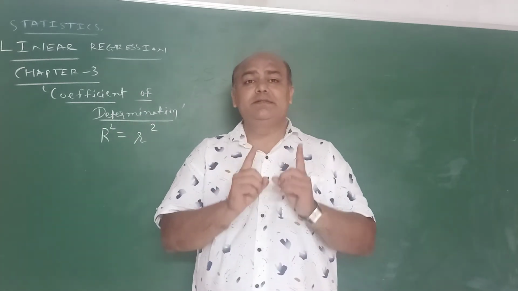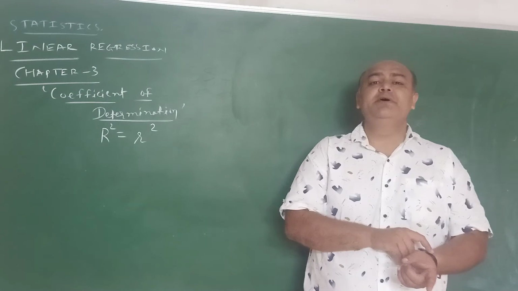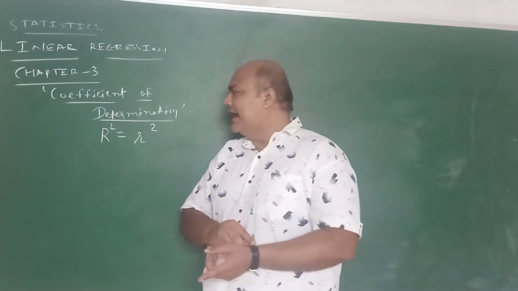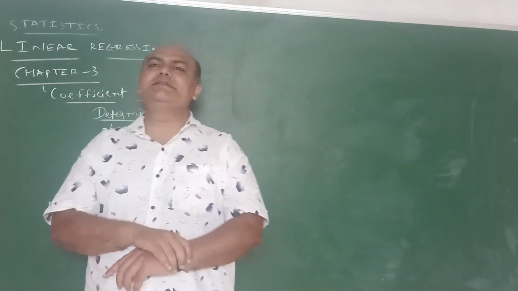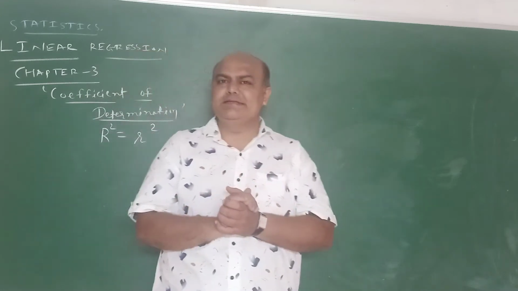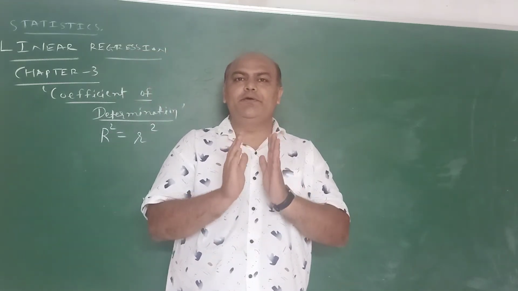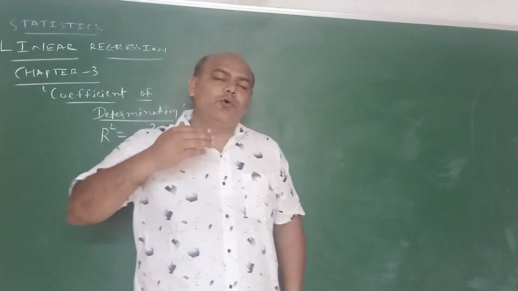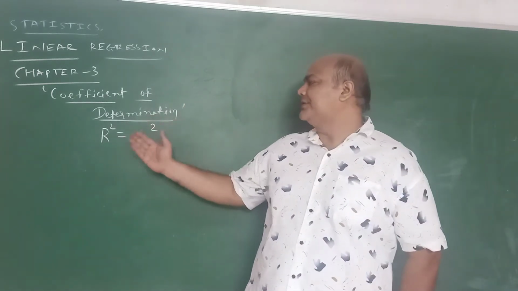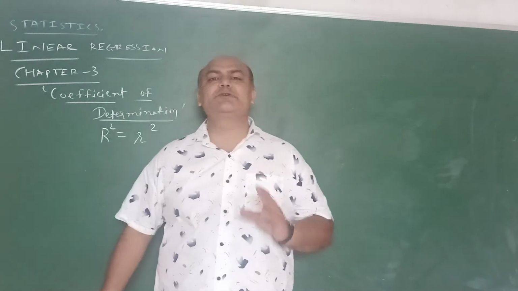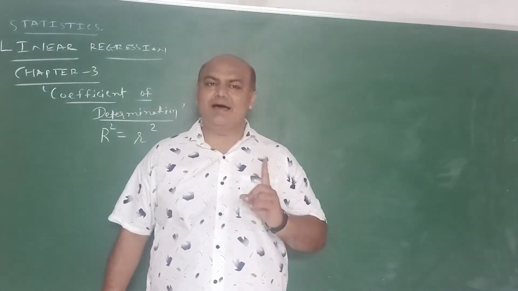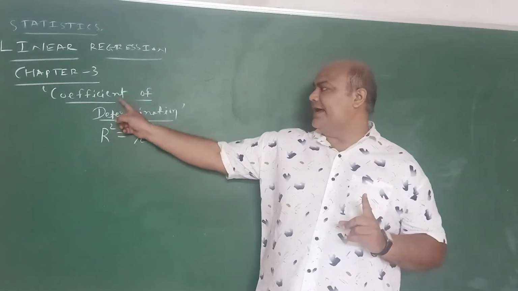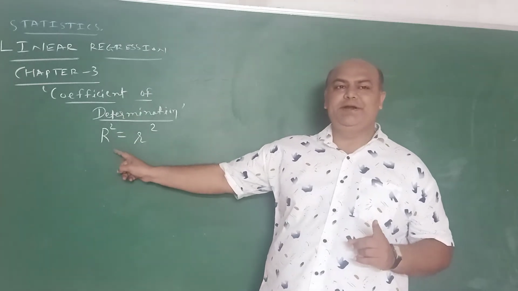I repeat this, the tool by which we can check the reliability of a particular estimation under regression analysis is called the coefficient of determination. The coefficient of determination is denoted by capital R square. This is the sign of coefficient of determination.